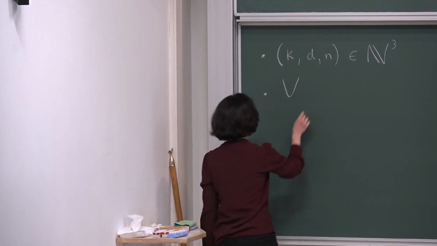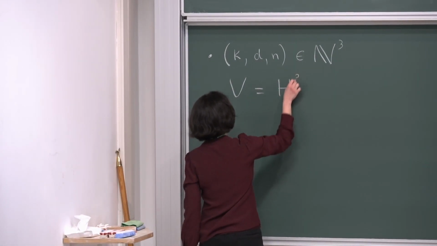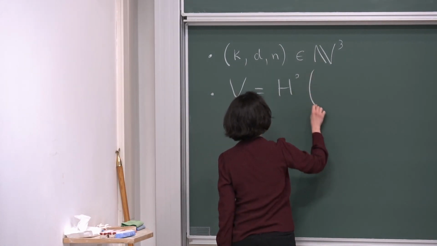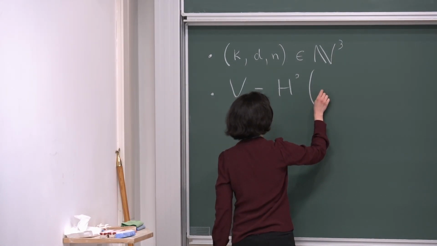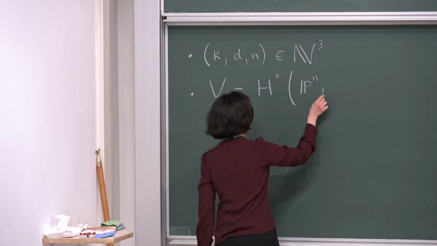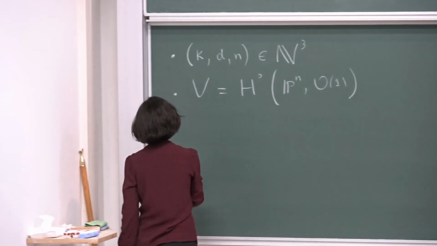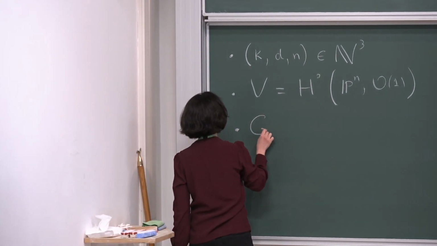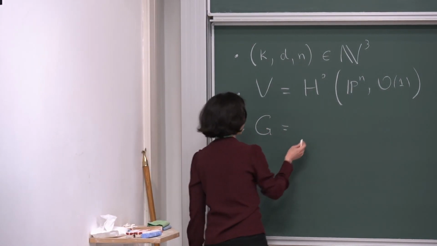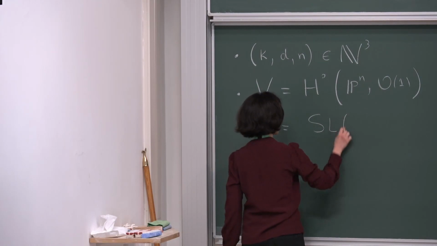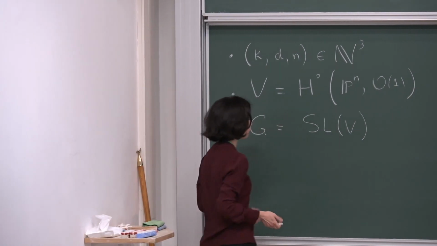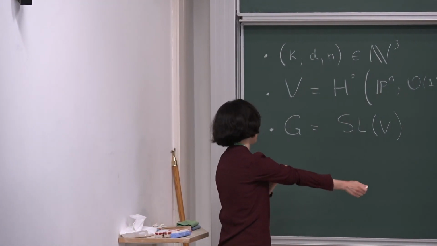Let V be the following vector space, the space of sections of O(1) on P^n, and G for us is going to be SL(V).